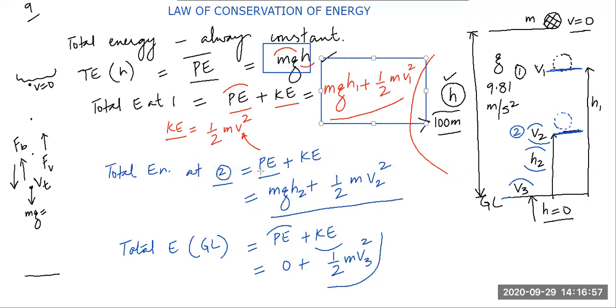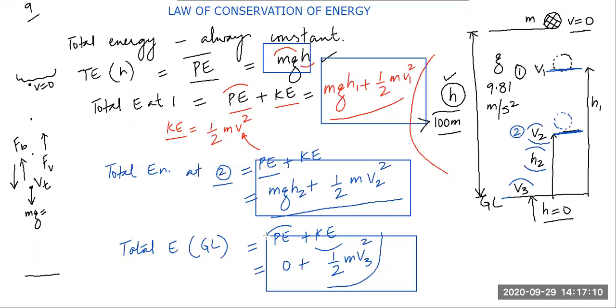What is the total energy at point 2? mgh2 plus half mv2 square. What is the total energy at the ground level? At the ground level, total energy is half mv3 square. This is exactly, students, what we mean by law of conservation of energy.